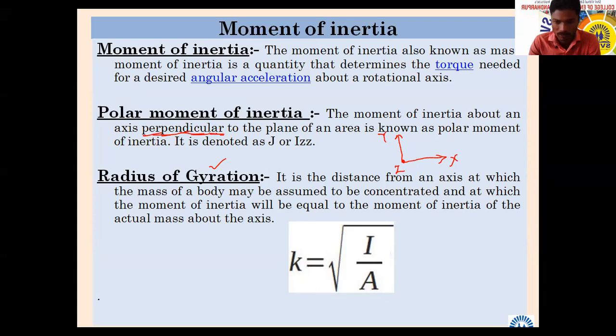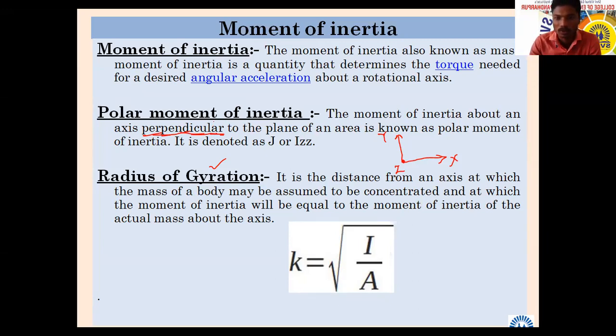It is the distance from an axis at which the mass of the body may be assumed to be concentrated, and at which the moment of inertia will be equal to the moment of inertia of the actual mass about the axis. So K is equal to the square root of moment of inertia divided by area of that body.